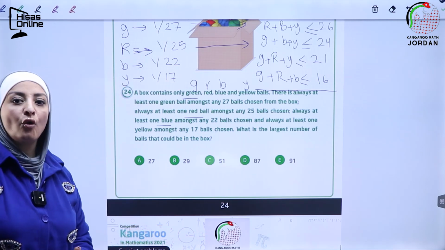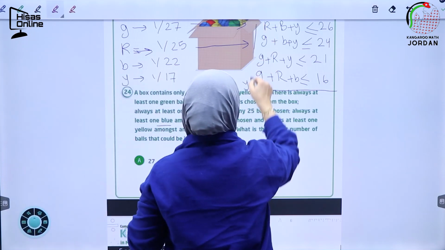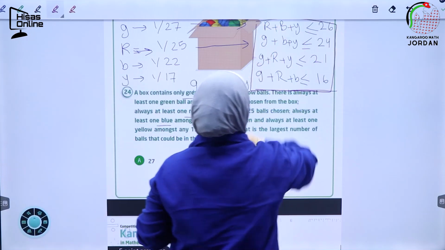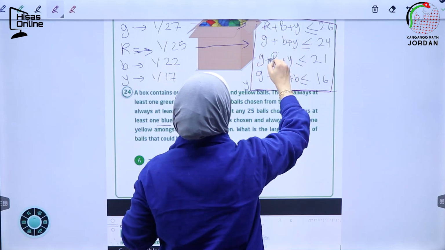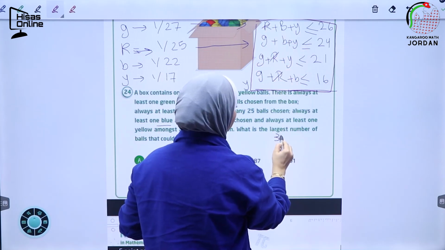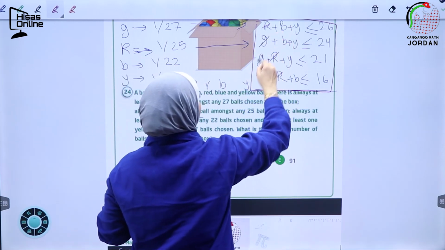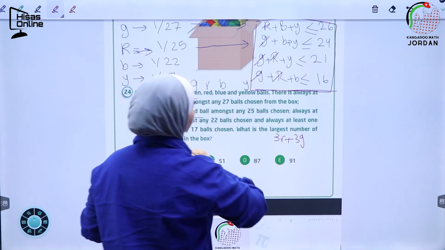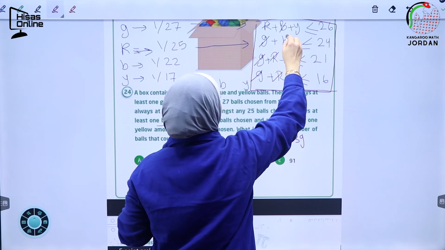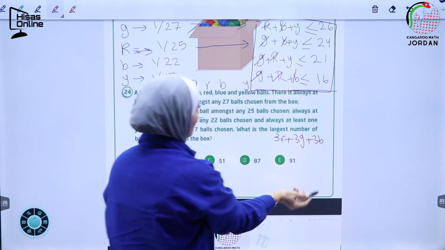I will add them all together. In this part, R: 1, 2, 3, so it's 3R. And 1, 2, 3 greens, so plus 3G. And 1, 2, 3 blues, plus 3B.